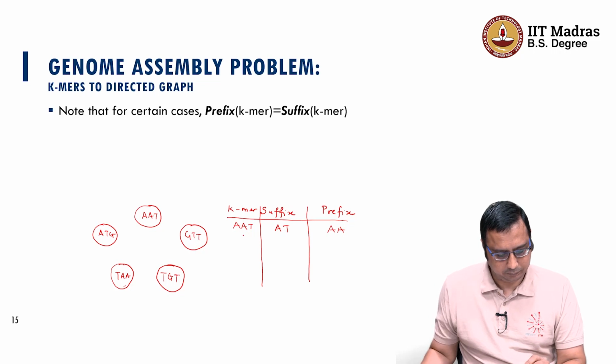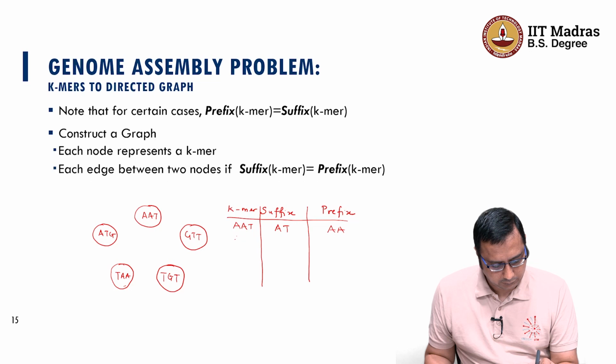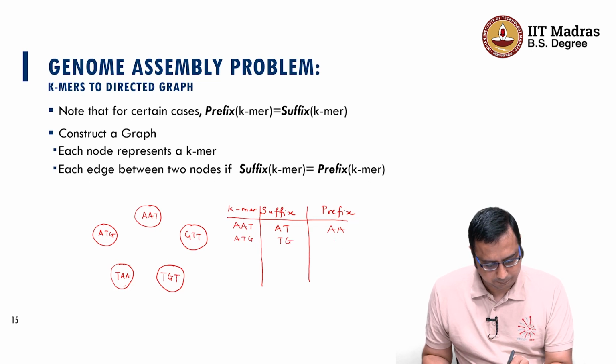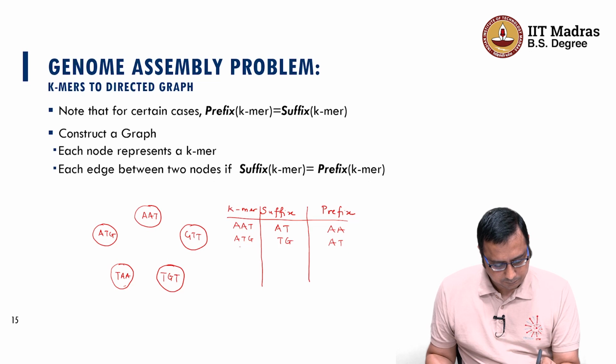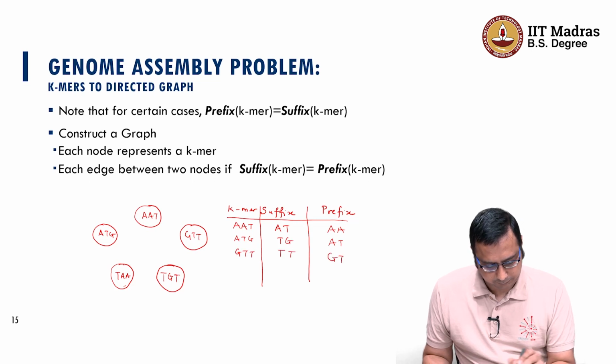Similarly, for ATG, the suffix will be TG, and the prefix will be AT. For GTT, the suffix will be TT, and the prefix will be GT.